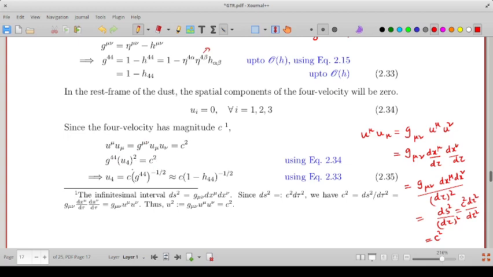The right hand side is c². So g_44 is not 1; g_44 is a metric tensor in the curved space-time. So now u^4 can be taken as c divided by the square root of g_44. Now g_44 is actually 1 minus h_44, and therefore u^4 is equal to c times (1 − h_44) to the power minus half.